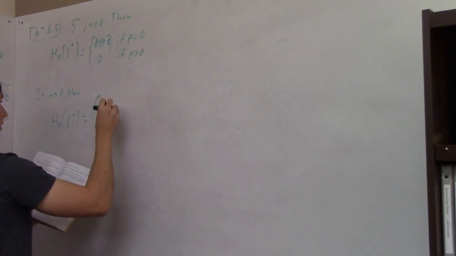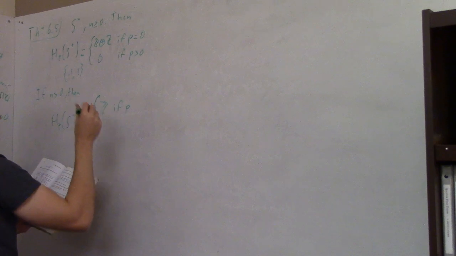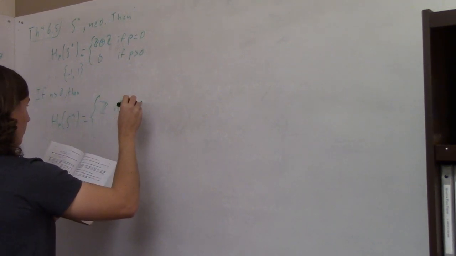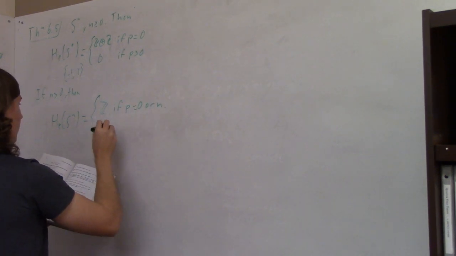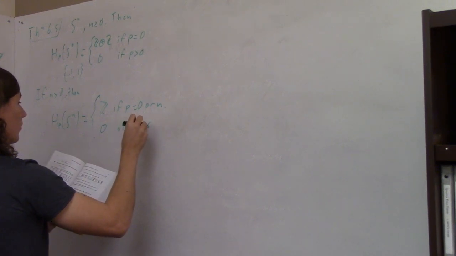So the 0-sphere is the set of antipodal points, right? Oh, I see now, that's an S sub 0, sorry, my bad. That's okay.